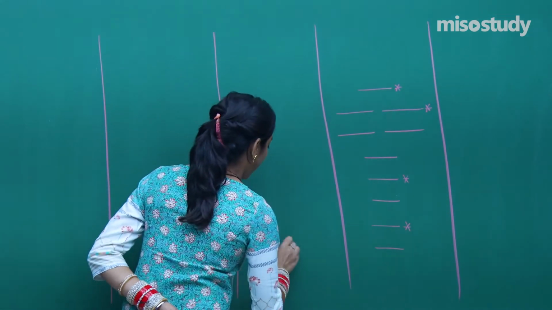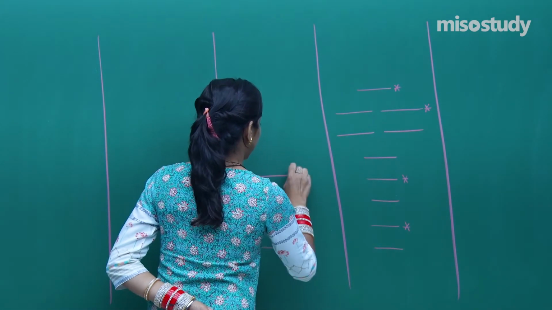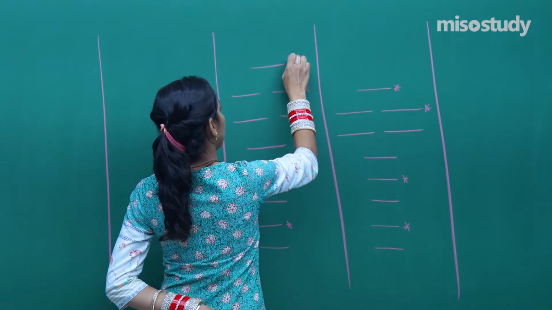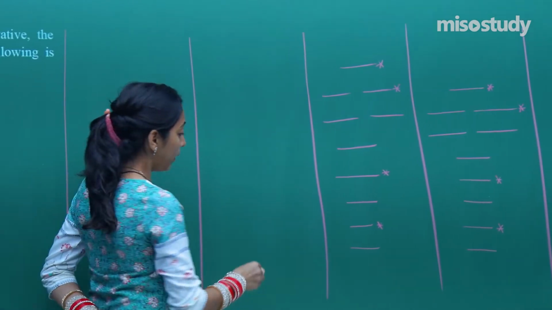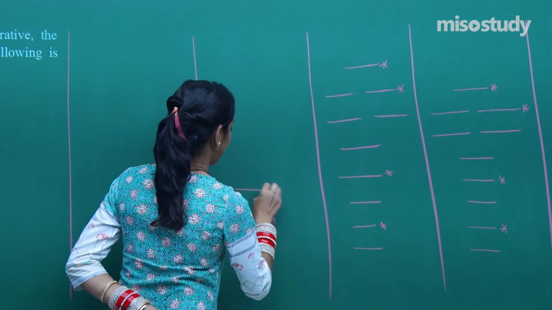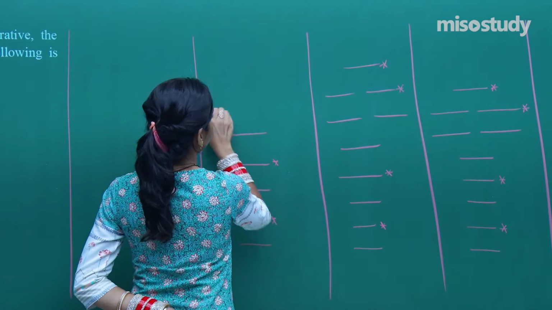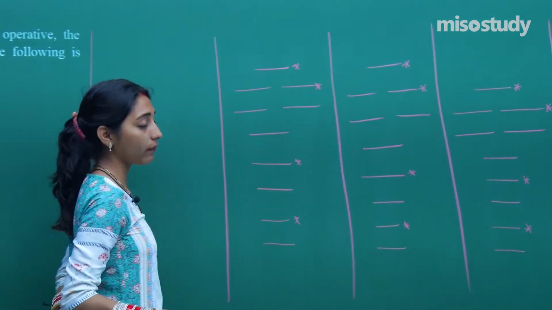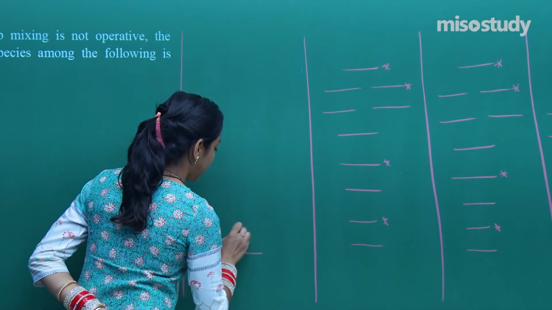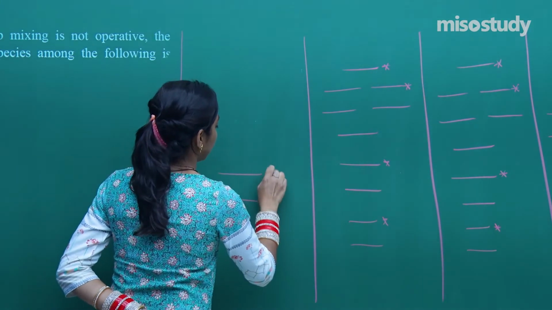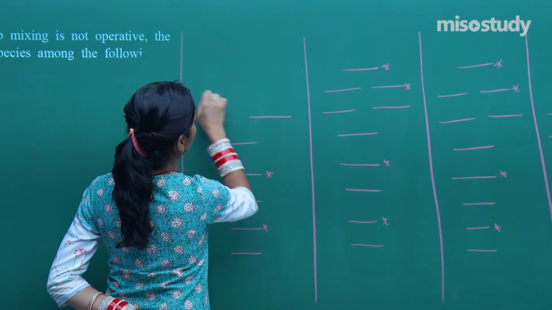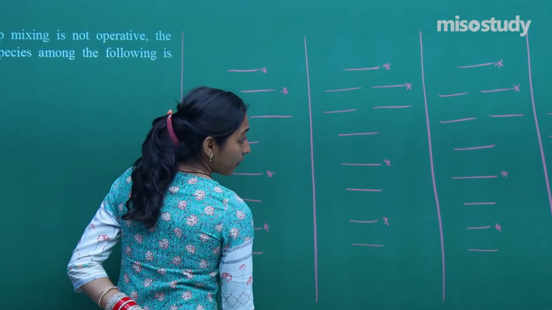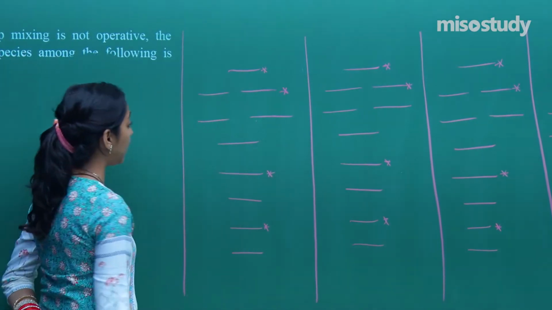So once again sigma 1s, sigma star, sigma 2s, sigma star, sigma 2pz, pi 2px, pi 2py, pi star, sigma star. Right? Now we have to fill in the electrons.